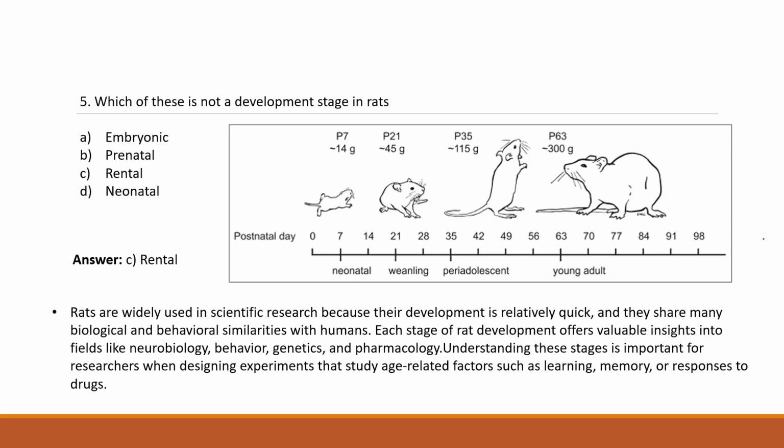Later it goes into the adult stage and then aged. P7, P21, these are all denotations that they give. You also have to monitor the weight of your rats, and monitor if they are developing any diseases, to avoid environmental factors affecting your study.